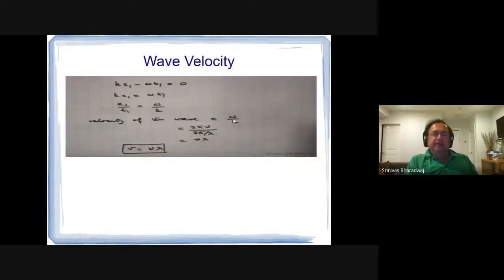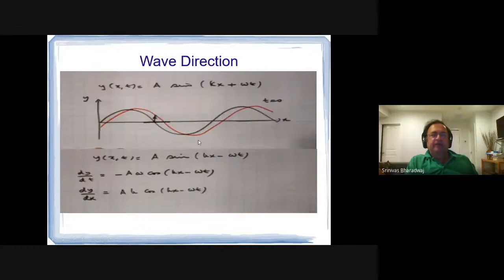The 2 pi's cancel, and therefore we have f lambda. The velocity, c equals f lambda.